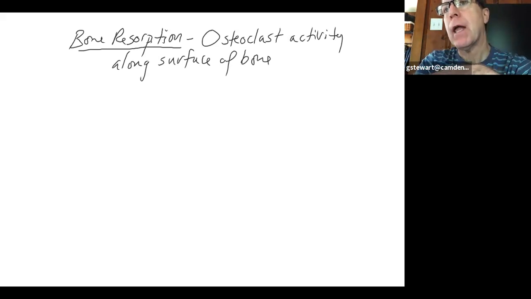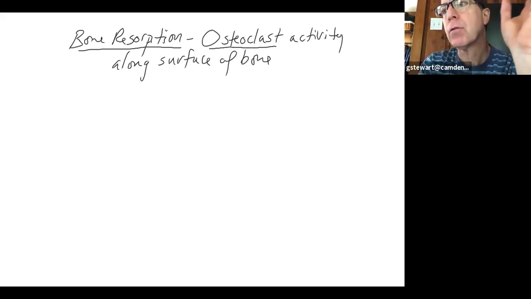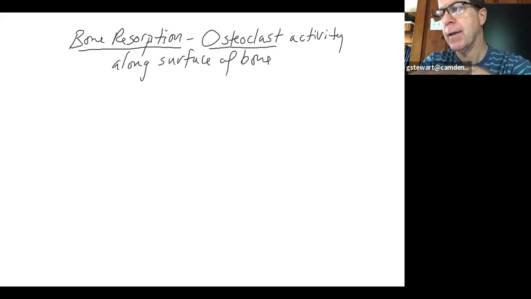Actually bone deposit usually occurs along the inner or outer surface of bone as well. But these osteoclasts are large multinucleate cells, and they sort of patrol along the surfaces of our bones, dissolving bone tissue where necessary.